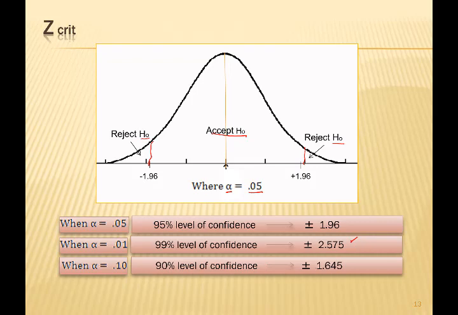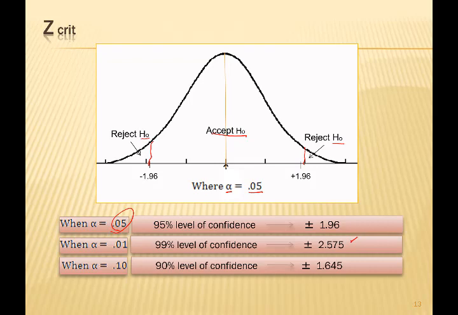So the cutoff for the alpha of 0.1 would be plus or minus 1.645, which makes the acceptance region smaller and the rejection region much wider. But we always start out with 0.05 as the beginning point and decide whether you want to become more stringent or lenient based on your z obtained.